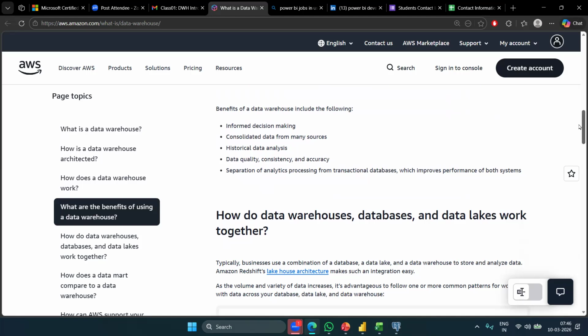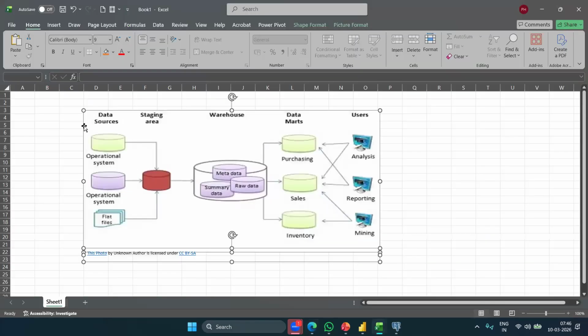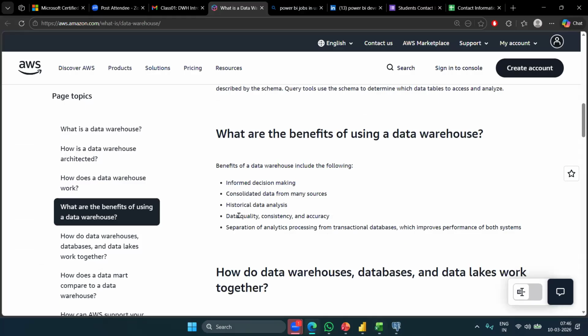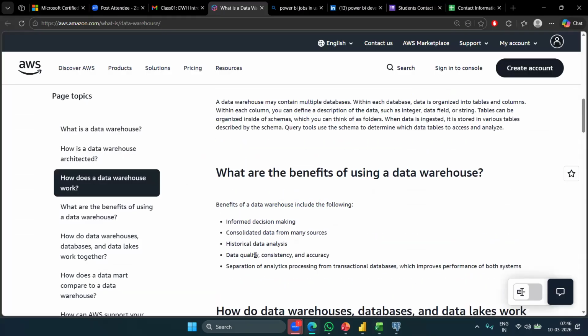What are the benefits of using data warehousing? Informed decision making, consolidated data from many sources. See this diagram, consolidated data from many sources to here. Historical data analysis. Since we are maintaining the raw data as it is, we can do historical data analysis. Data quality, consistency, and accuracy.